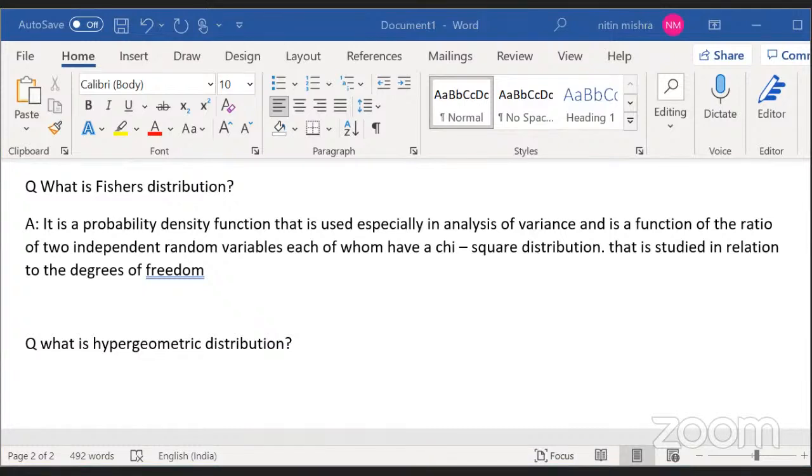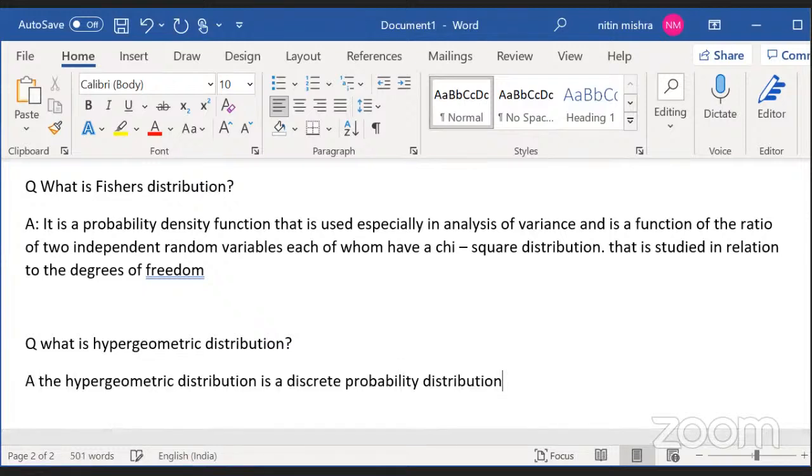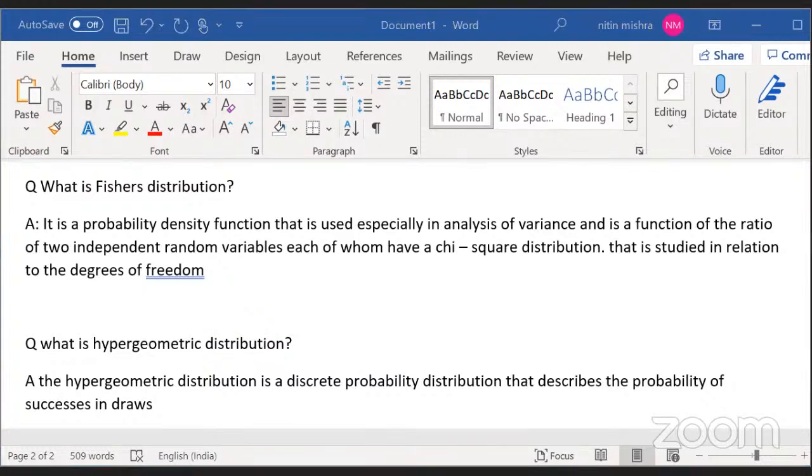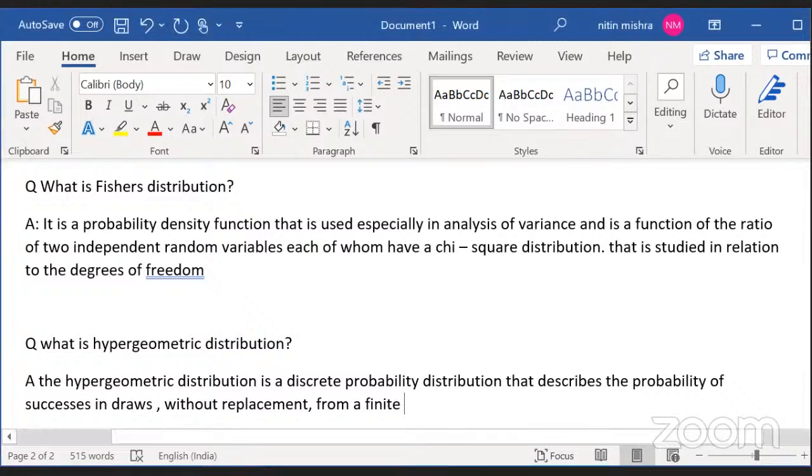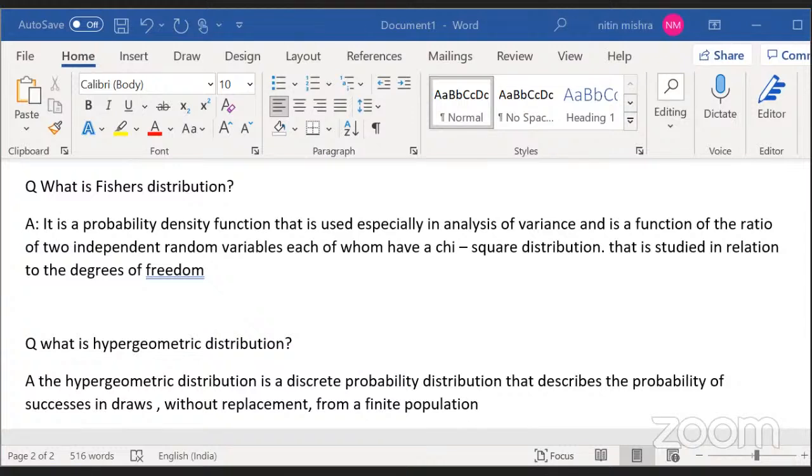The hypergeometric distribution is a discrete probability distribution that describes the probability of success in drawing without replacement from a finite population.